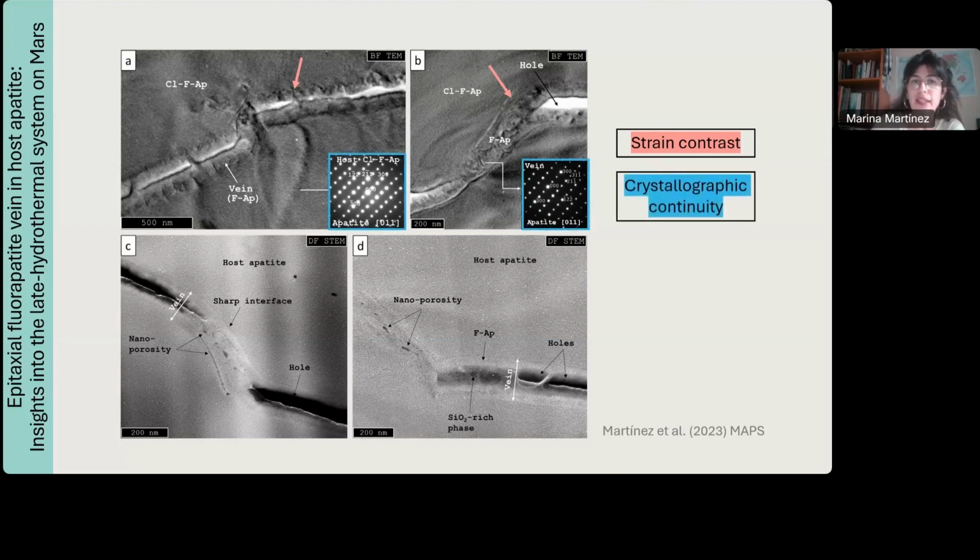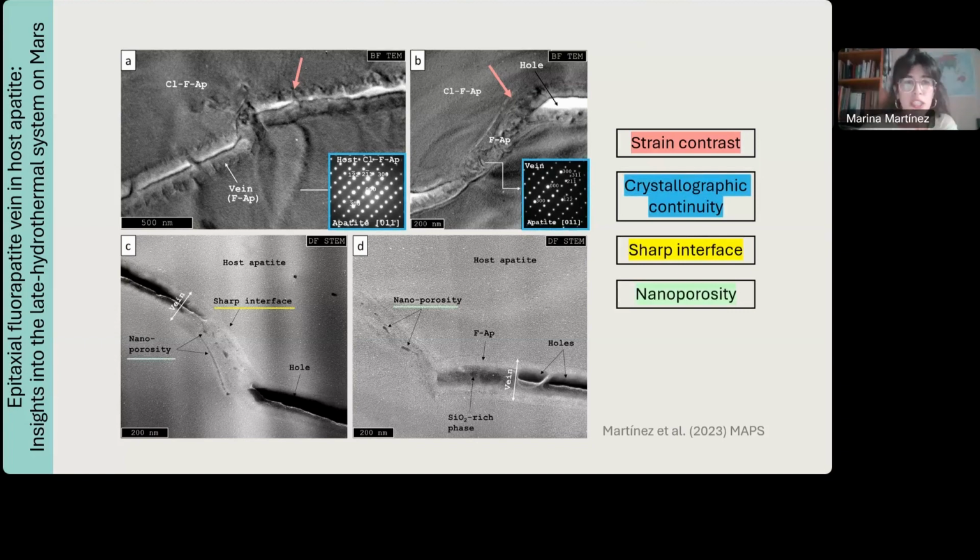We also see that the diffraction pattern is exactly the same, so that means there's crystallographic continuity. We see in dark field STEM images that there's a sharp interface between this vein and the host apatite. We also observe nanoporosity in the vein, two kinds: smaller pores at the margins of the vein and larger ones at the center that seem to be nanotubes in 3 dimensions.